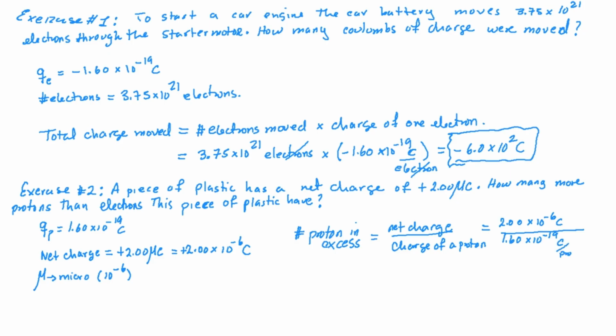The coulombs are going to cancel out. So we have to divide 2 by 1.60. When you divide 2 by 1.60, you get 1.25.